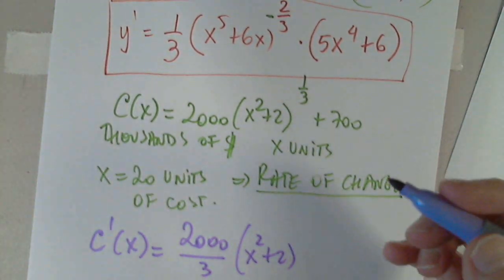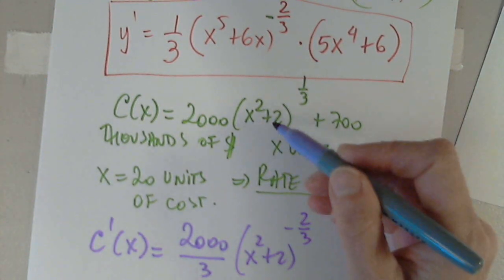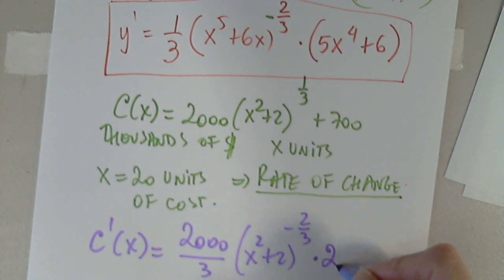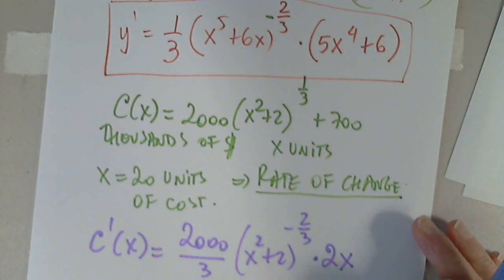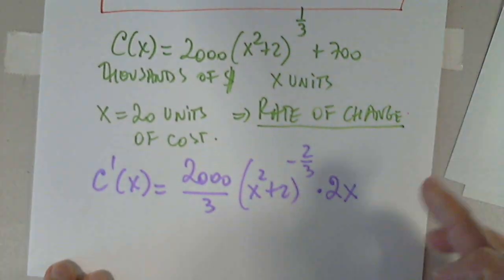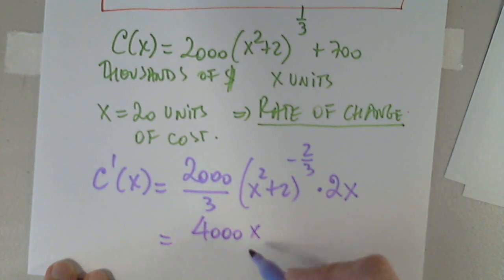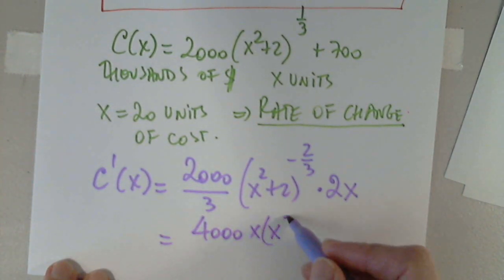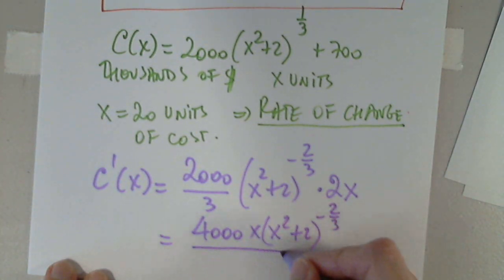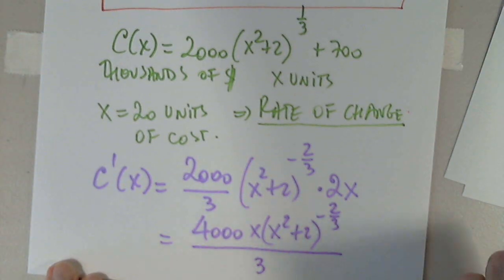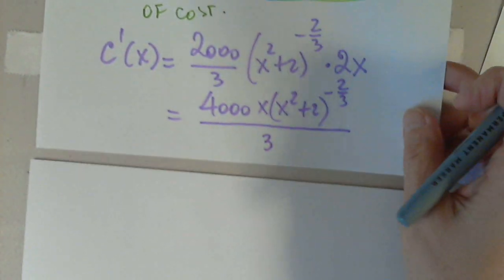I subtract 1 from 1/3, so negative 2/3, times the inner function prime, which is 2x, and plus 700 prime, which is 0. So this function is 4000x times (x squared plus 2) to the negative 2/3, everything divided by 3. So now I'm asked to find C prime of 20.